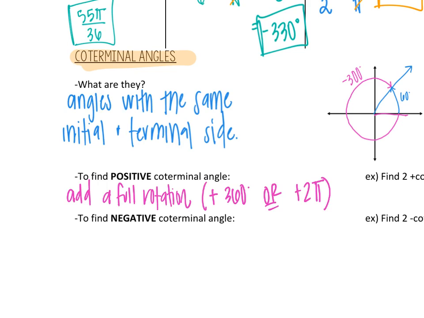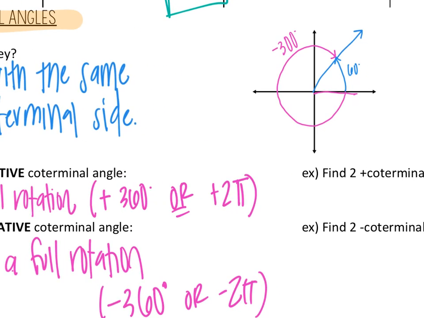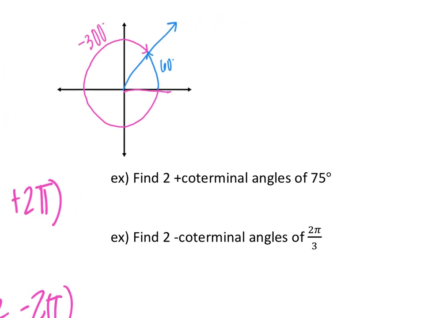To find a negative coterminal angle, you will simply subtract a full rotation. So you will either subtract 360 degrees or subtract 2 pi, depending upon what the problem gives you to begin with. You can find innumerable coterminal angles. You could go on for years and years just writing coterminal angles.